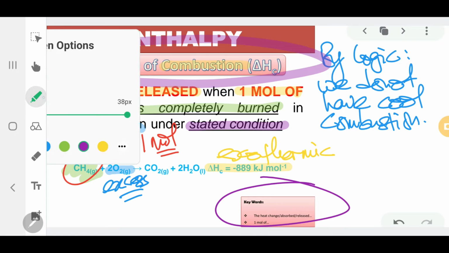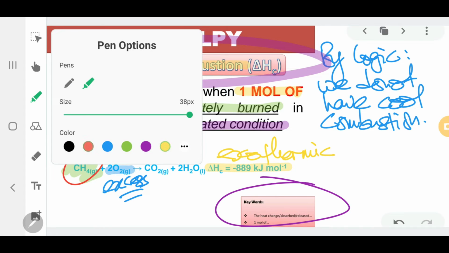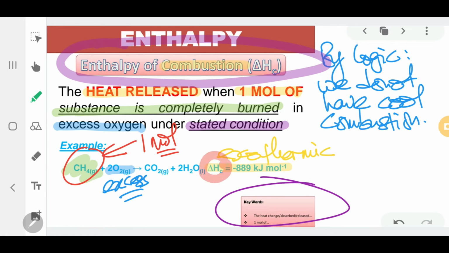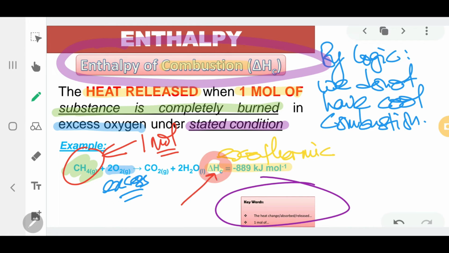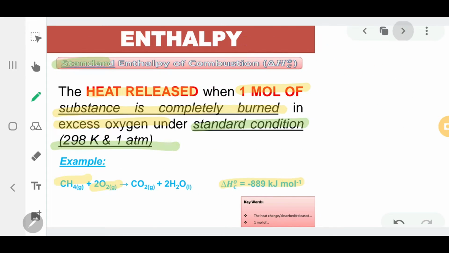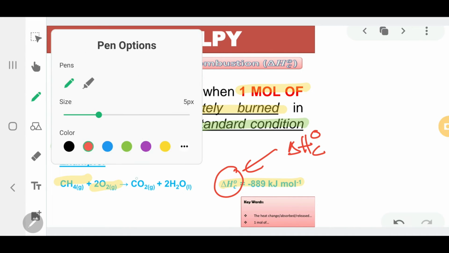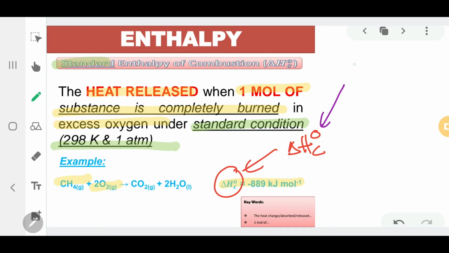And if you look carefully at the symbol for enthalpy of combustion, you have delta HC. But for standard, you have delta HC with the symbol for standard. When you have the circle on top here, that is the indicator for standard.